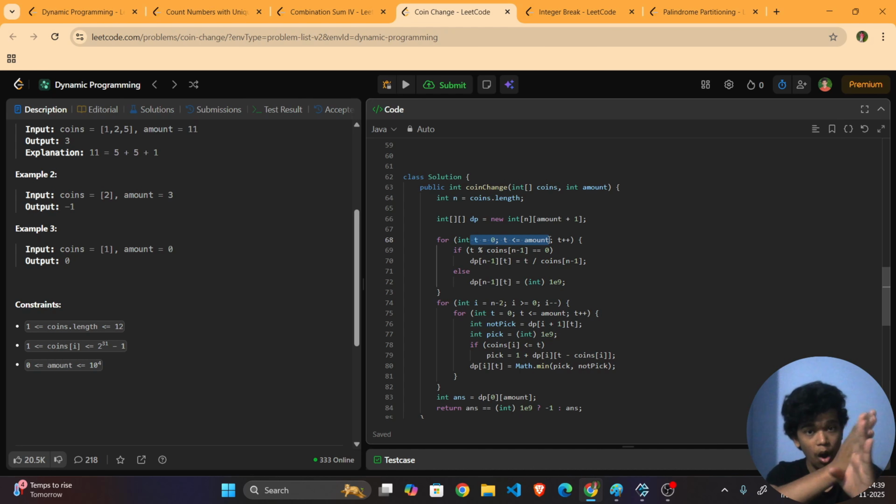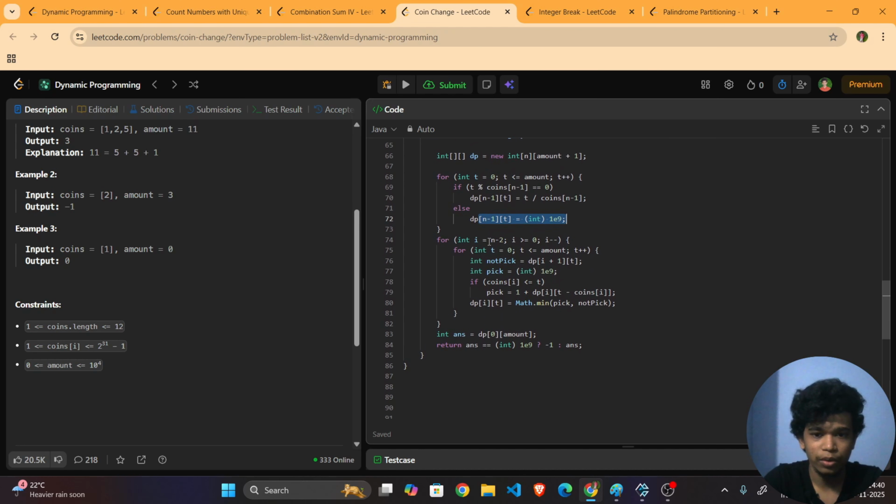Okay, I'm going to all possible columns, and at the last row, I will be checking whether my t, that amount mod coin -1 is equal to 0 or not. Can you understand this? This is what I told there also. If it is so, then in my last row at that particular column, I will be updating as the division value. Else I will be updating this as infinity value. Can you understand this? So this is what the base condition transformed into the tabulation method.